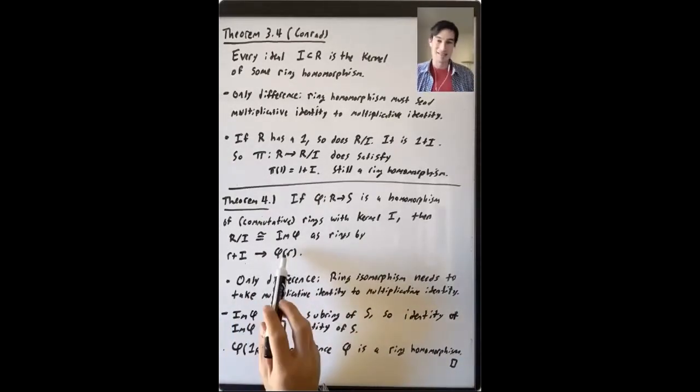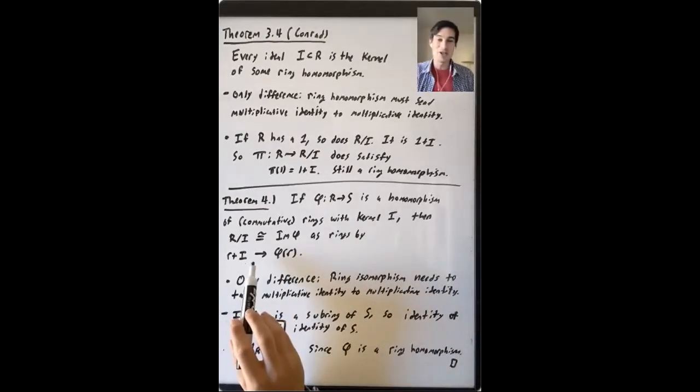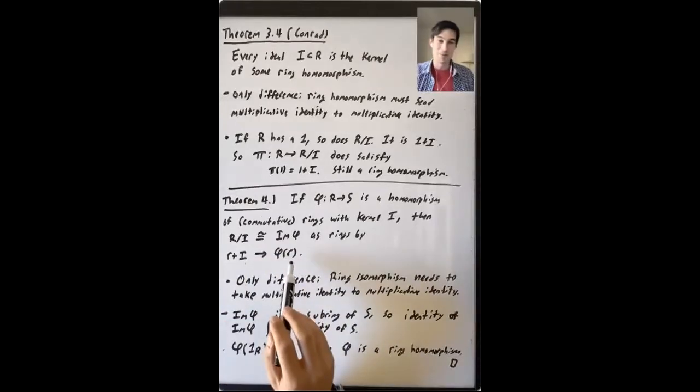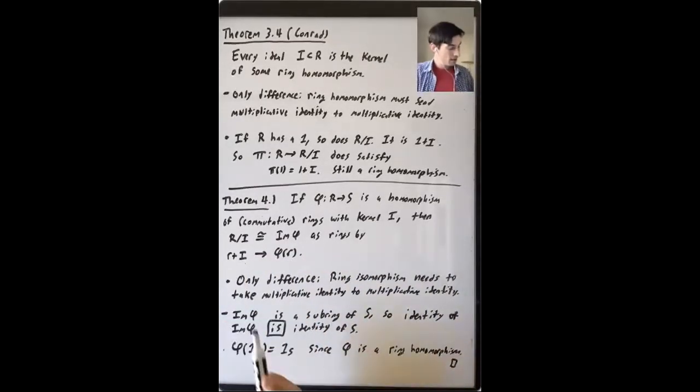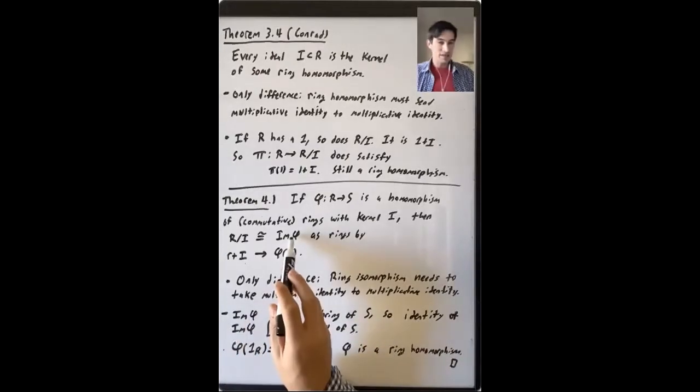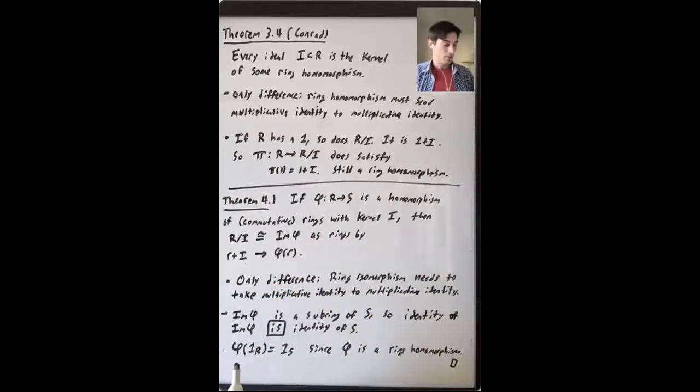This map is still a group homomorphism that respects multiplication, so we just need to check that it takes the multiplicative identity of the first ring to the multiplicative identity of the second ring. So the image of phi is a subring of S. We proved this last time. That means, because it's a subring, the identity of the image of phi is the identity of S. And what do we know?